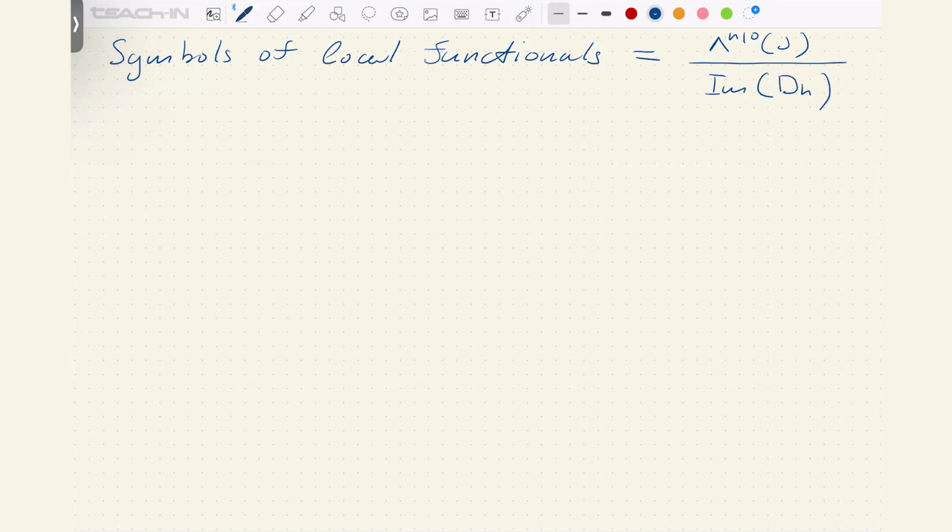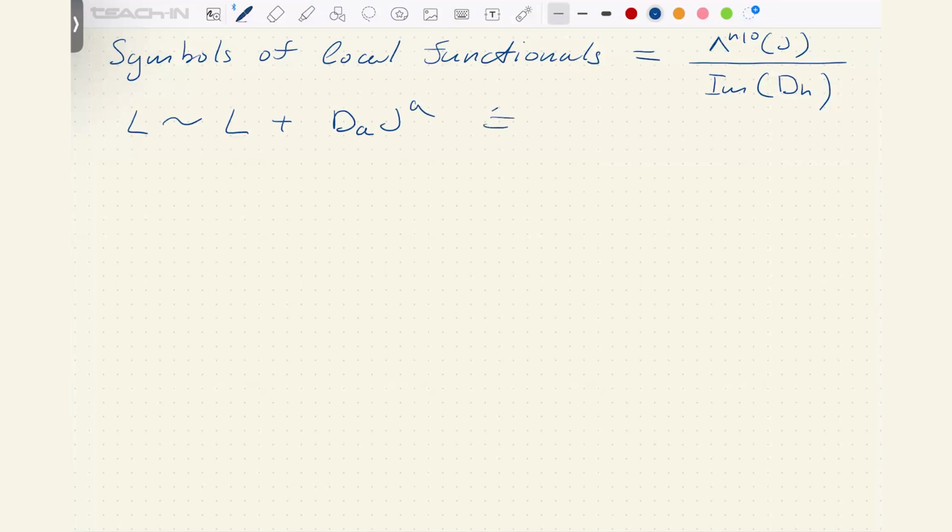Or if you want, if we fix a coordinate system on our base space, we can avoid working with differential forms. We can just say that our integrand L, just a local function, gives a local functional, but the equivalence relation is like this: L is equivalent to L plus D_a J^a, right?